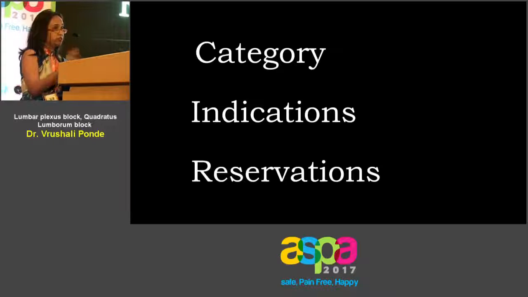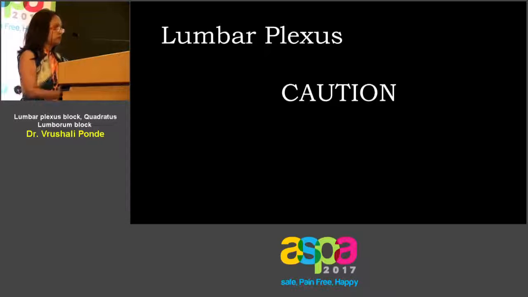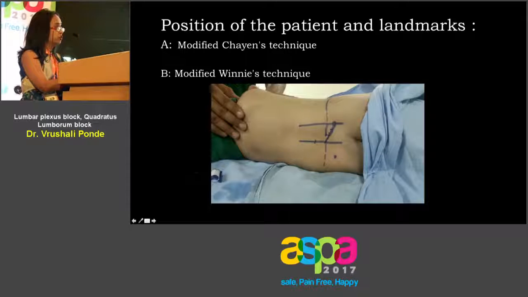The reservation is that, since this is a volume block right inside the muscle, the local anesthetic can get absorbed, and the toxicity can be a little more profound than with other techniques. So these are the cautions we need to know about lumbar plexus.